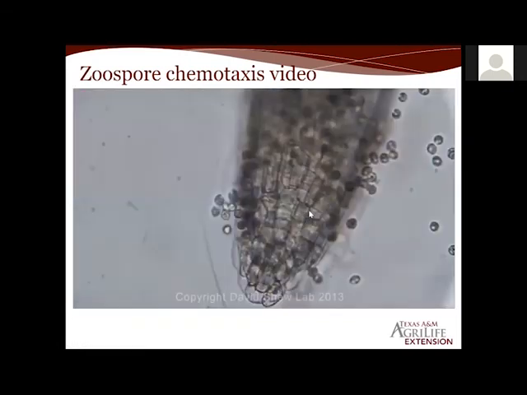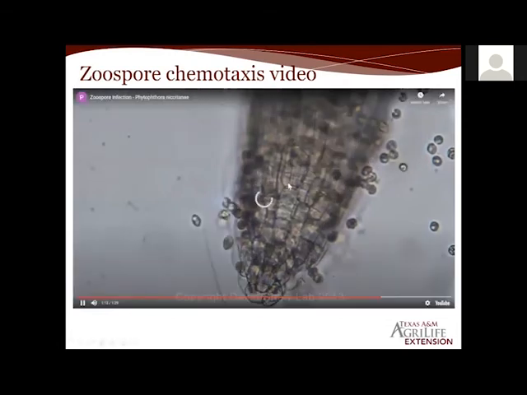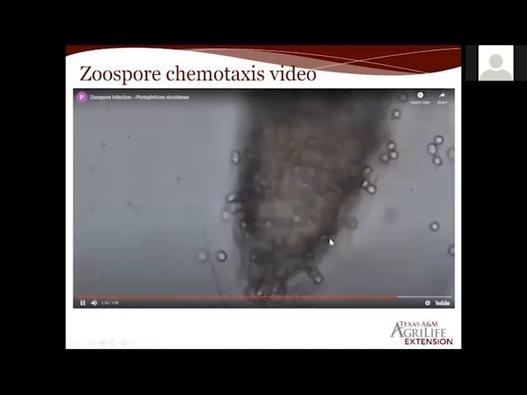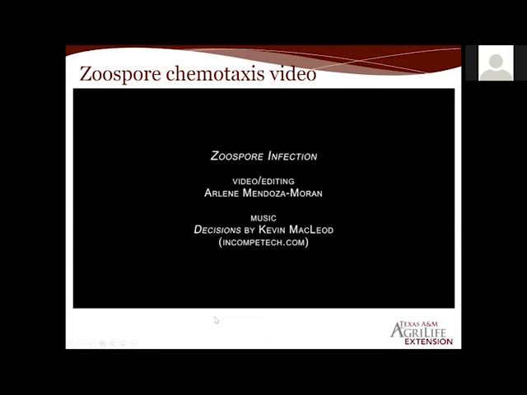I call it setting up shop. So we have all these zoospores swimming around, and then this guy and this one, they set up shop. They then start behaving more like a typical spore and will actually germinate a little hypha down into the plant.